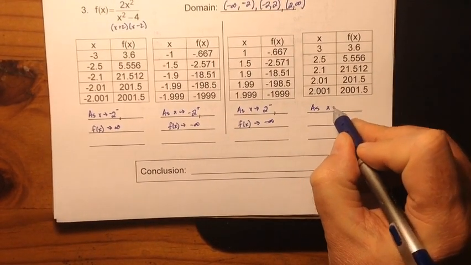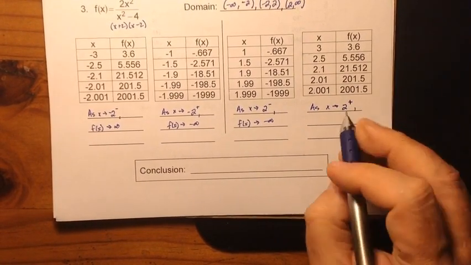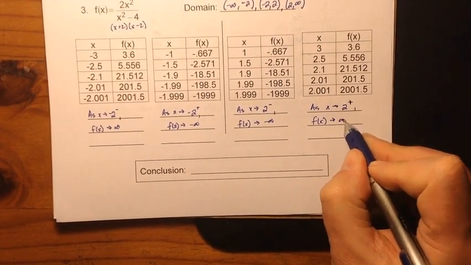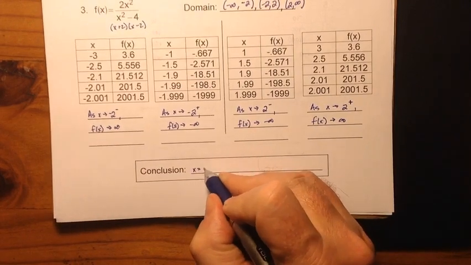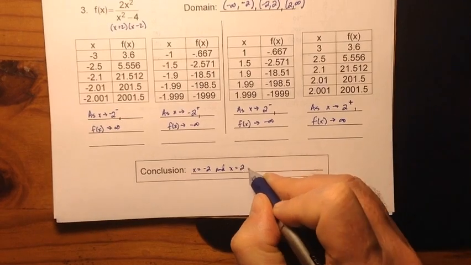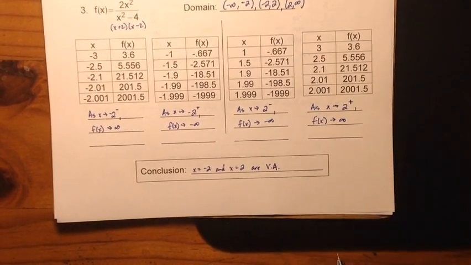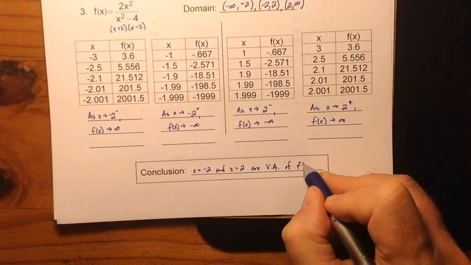And as x approaches positive 2 from the right, plus sign there, f of x is going to positive infinity. So my conclusion: x equals negative 2 and x equals positive 2 are both vertical asymptotes of f of x.